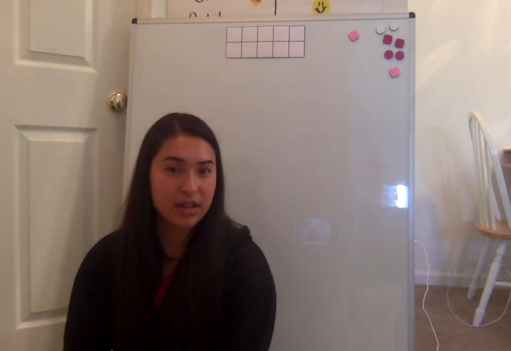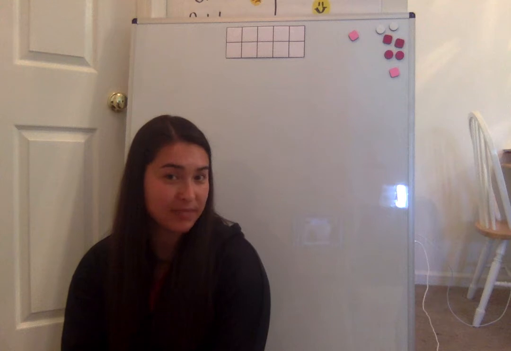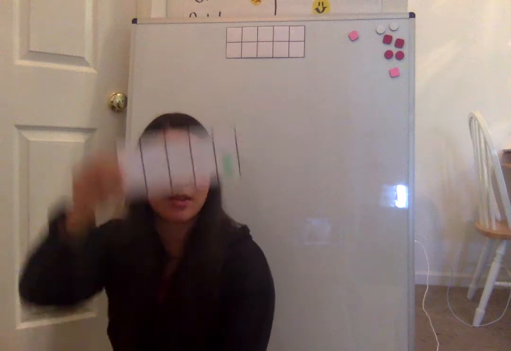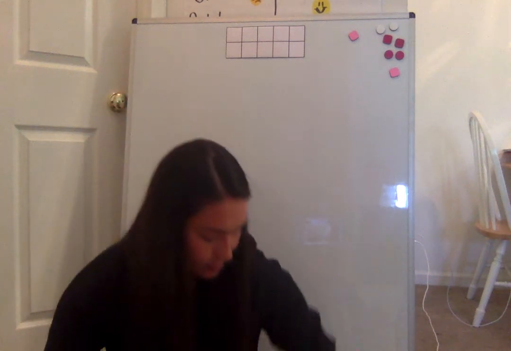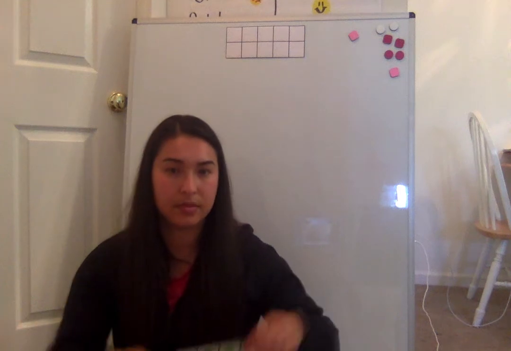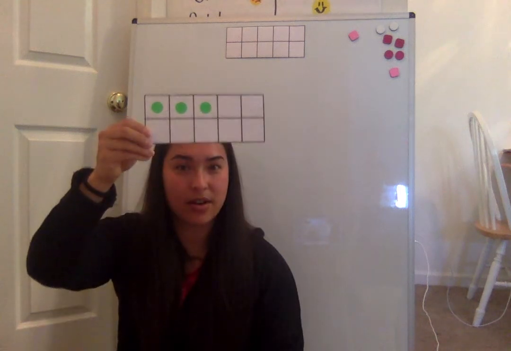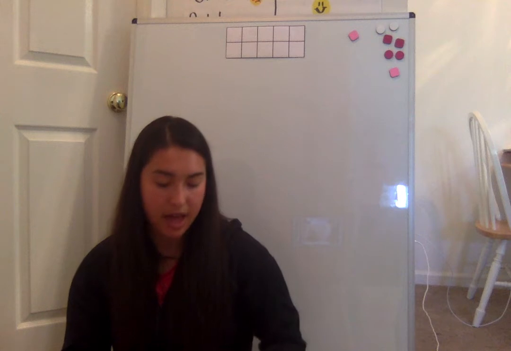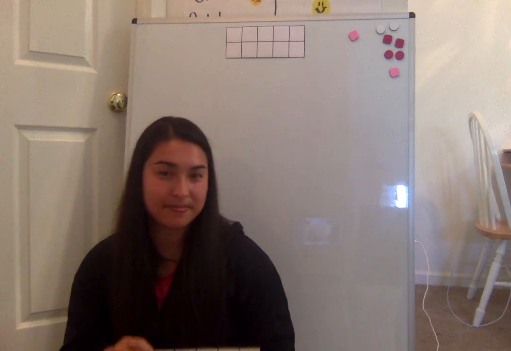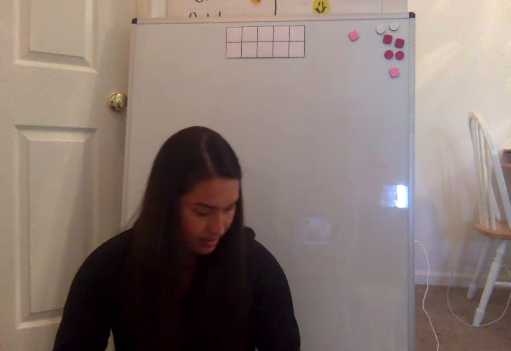If one dot is on, how many more dots do we need? 1 plus 9 equals 10. How many dots are on? If 3 dots are on, how many more dots do we need? 7 plus 3 equals 10.